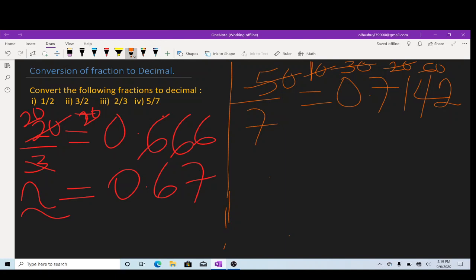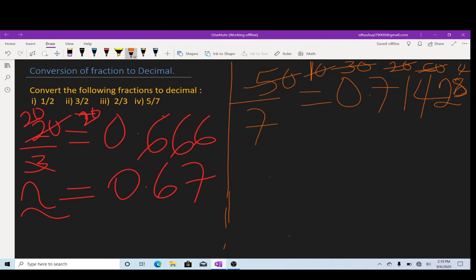So you have 8. 4 is left. You add 0 again. That will be 5, 35. You are coming back to this point.